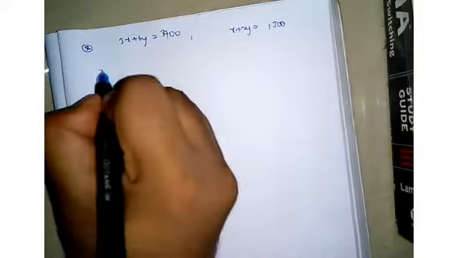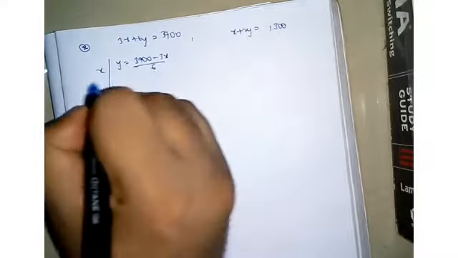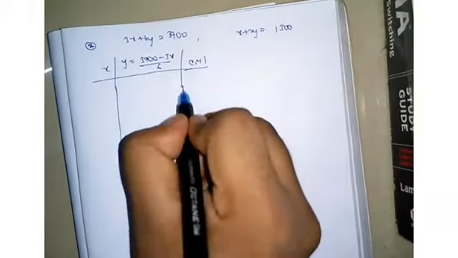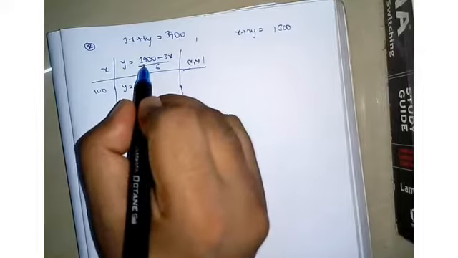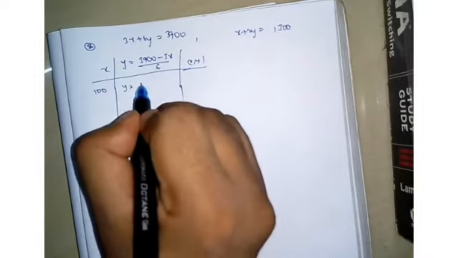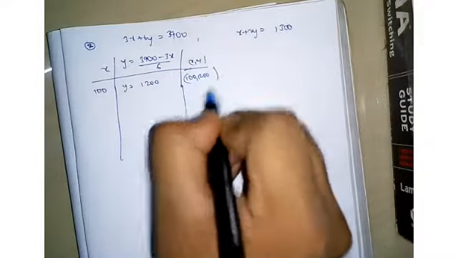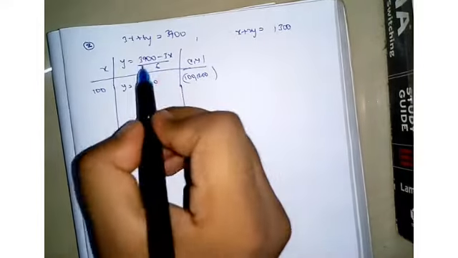Let's find the solution for this equation. y is equal to 3900 minus 3x by 6, x comma y. For x equal to 100, y will be equal to 3900 minus 300, 3600 by 6, so it will be 600. So 100 comma 600.